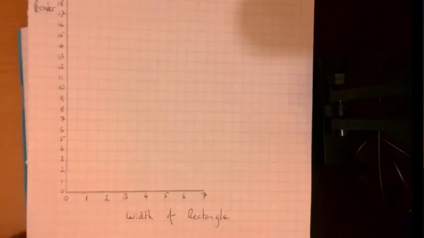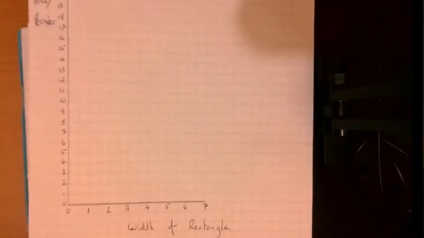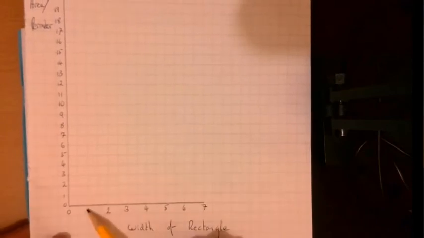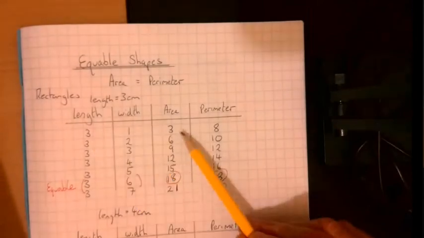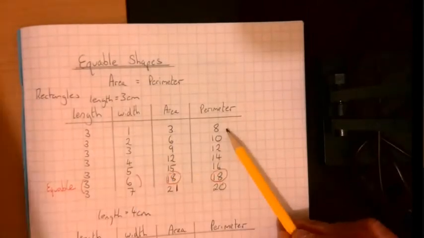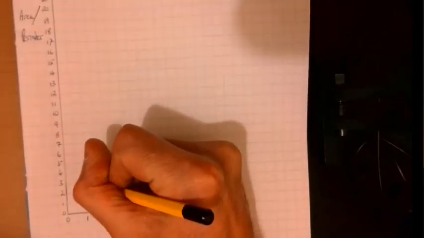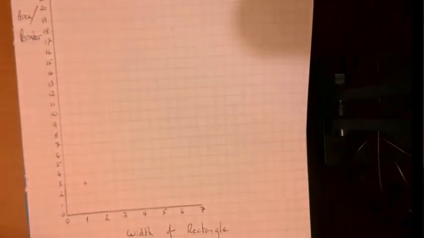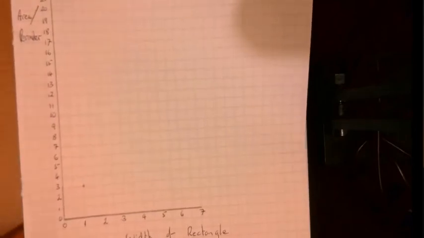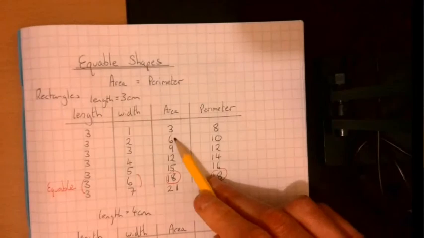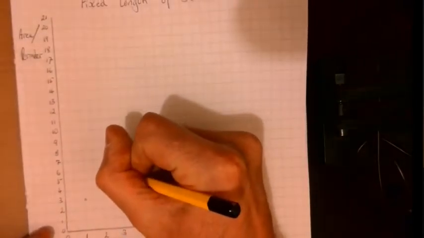All right. Now I'm going to plot the first one. A 3 by 1 has an area of 3 and a perimeter of 8. So if I just do the areas first, it'd probably be easier. For 2, it had an area of 6. I'm going to plot that.